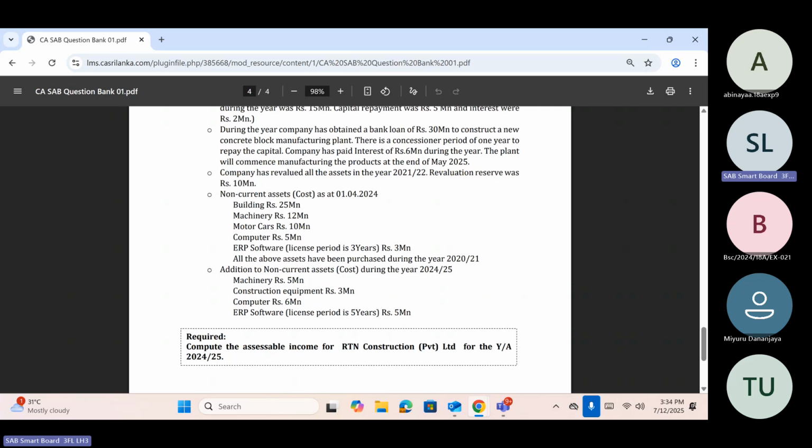So taxable income from business, that's 6,250,000.